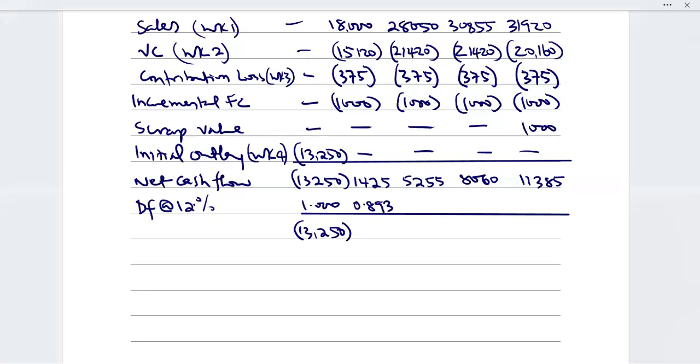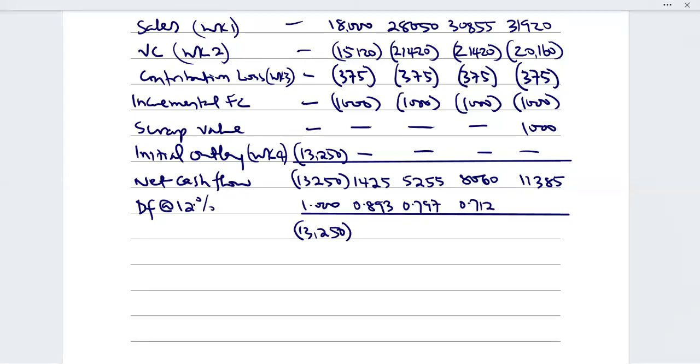Then year 2, 1 over 1.12 squared, that's 0.797. Then year 3, 1 over 1.12 cubed, that's 0.712.